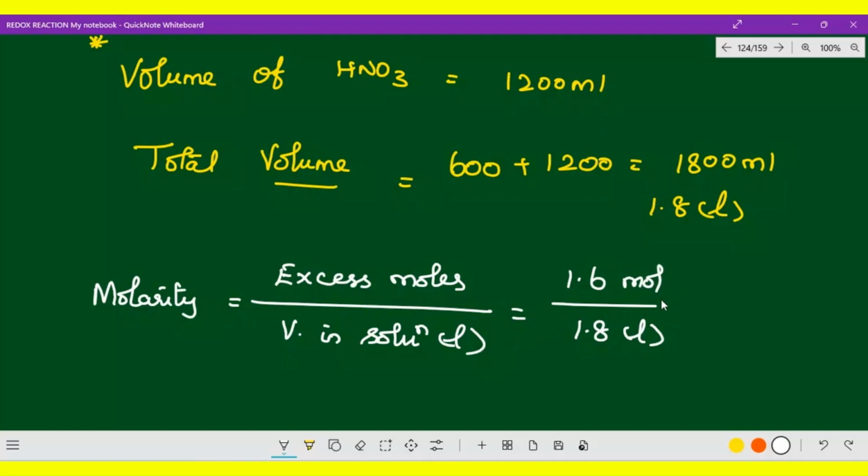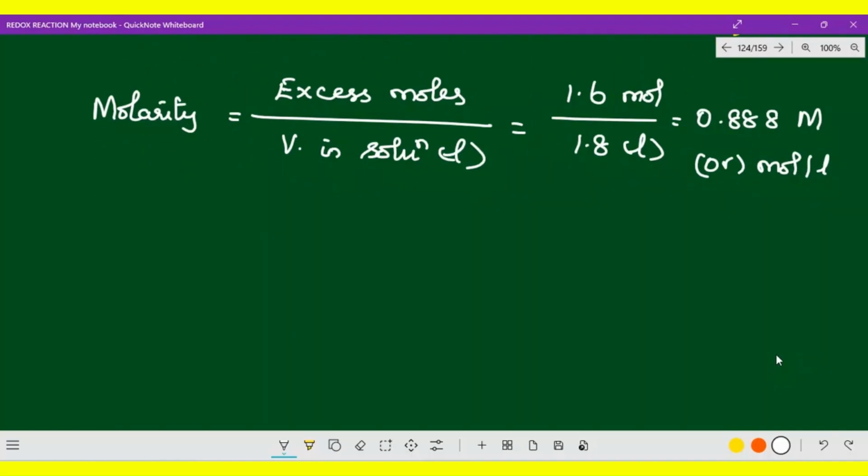When you calculate it, you will get 0.888 molarity. We can also write it as moles per liter.